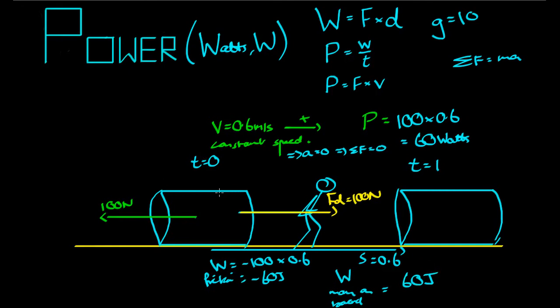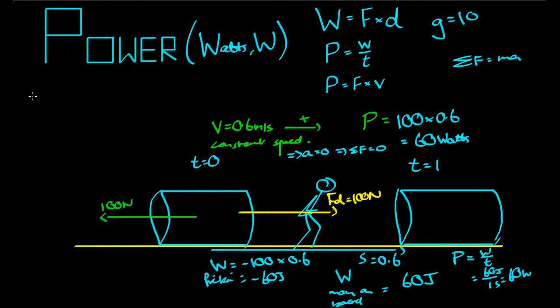And we already said the time taken to go from here to here was 1 second, so we can use the formula power equals work on time, that's 60 on 1, or 60 watts, 60 joules on 1 second, 60 watts. So since we can look at the snapshot 1 second later, and then we can actually find out the work, we can use that 1 second, which is arbitrary, to find the power.